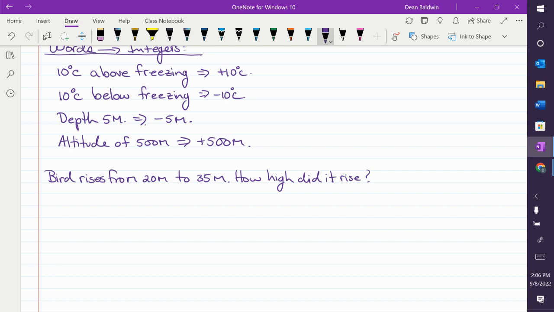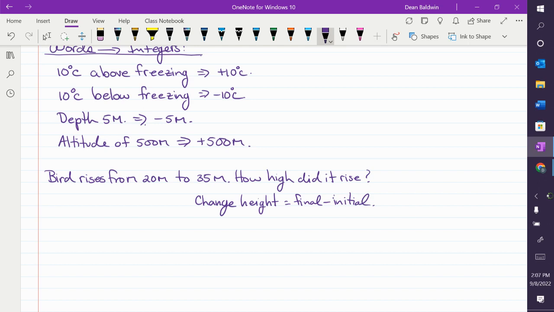All right? But there is a formula. If you want to know the change in height of something, it's final minus initial. I always forget how to spell initial. I-N-I-T-I-A-L.